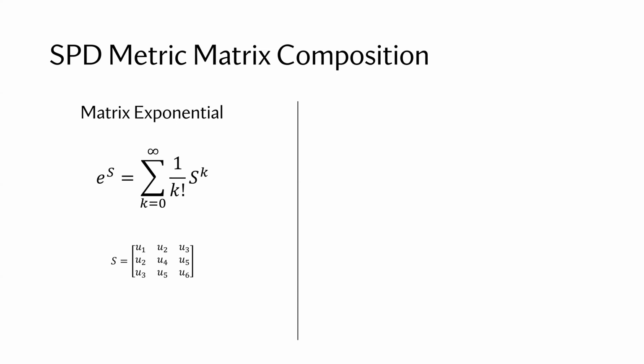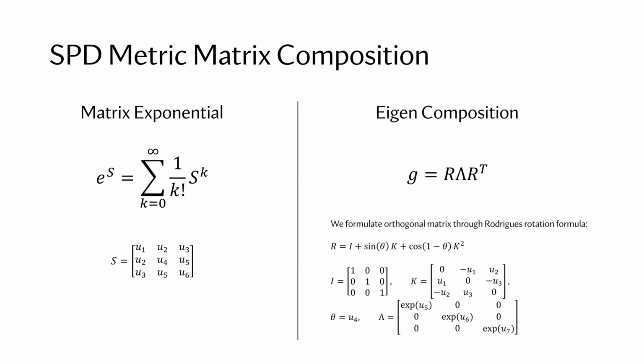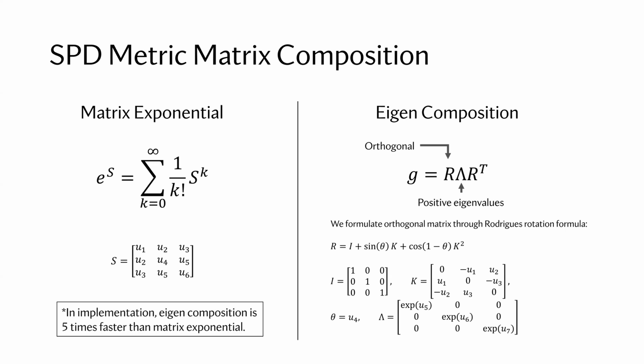We then switch to an eigen decomposition strategy to construct the symmetric positive definite matrix from the 7 entries, which leads to a diagonal matrix and an orthogonal matrix following the Rodrigues rotation formula. This formulation expedites the training speed by 5-fold compared to the built-in torch matrix exponential.